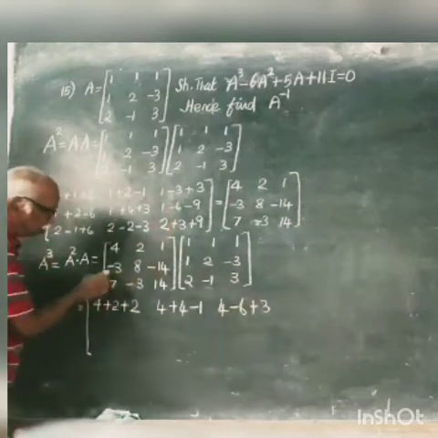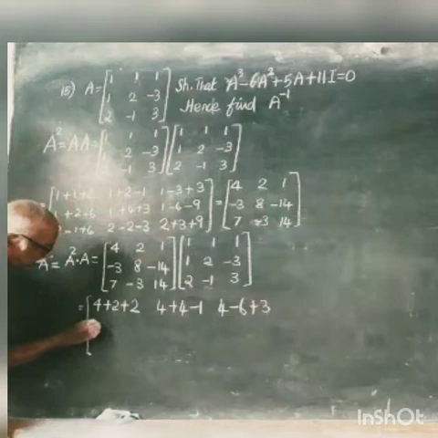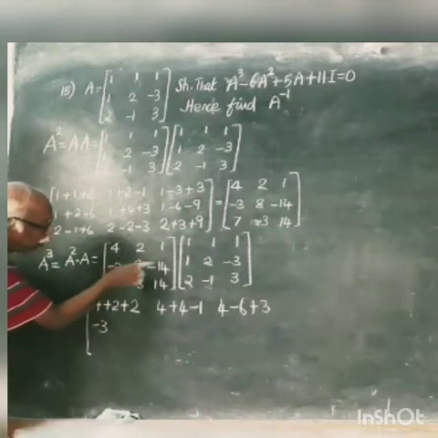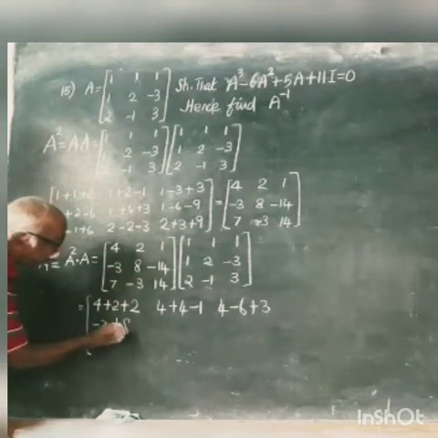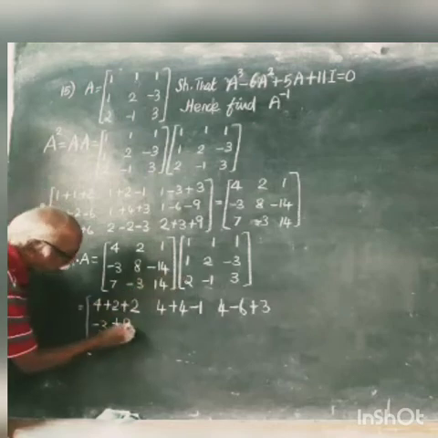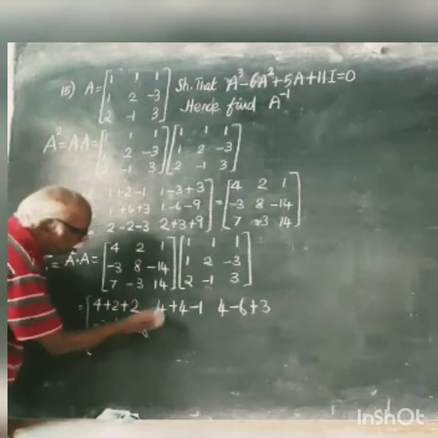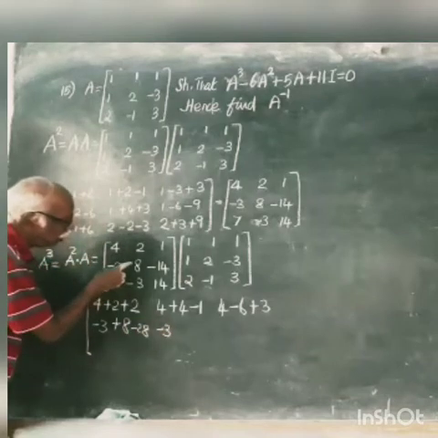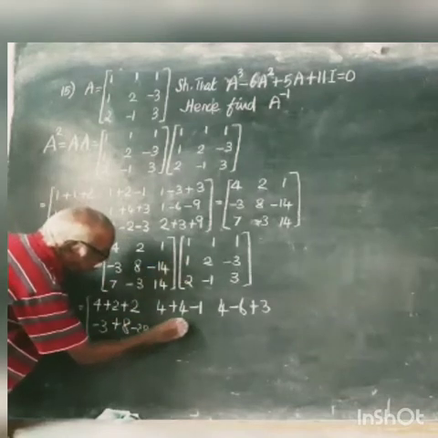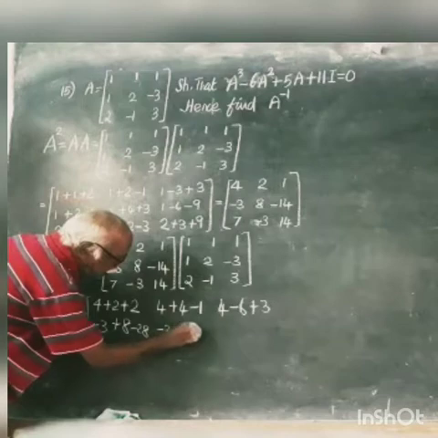Second row, first column. Minus 3 into 1, minus 3. 8 into 1, 8. Minus 14 into 2, minus 28. Minus 3 into 1, minus 3. 8 into 2, plus 16. Plus 14.